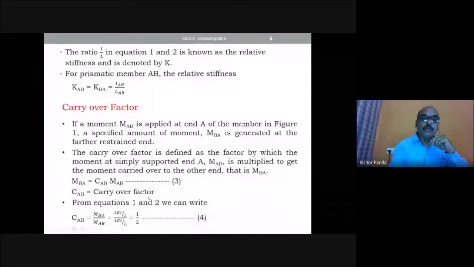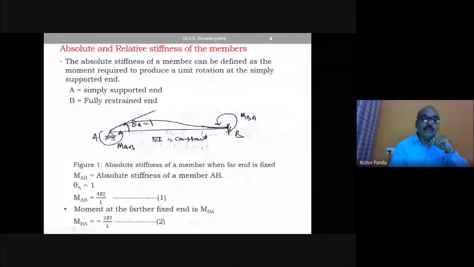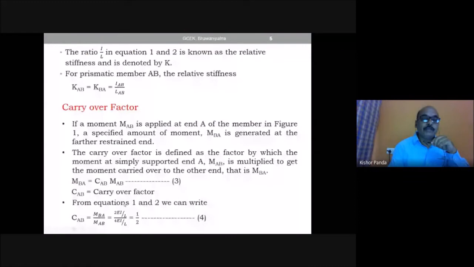From equations 1 and 2, we can write M_AB is equal to 4EI by L and M_BA is equal to 2EI by L. The carryover factor is equal to M_BA divided by M_AB. So M_BA is equal to 2EI by L and M_AB is equal to 4EI by L. What is the ratio?